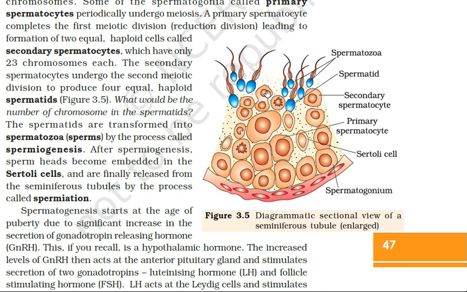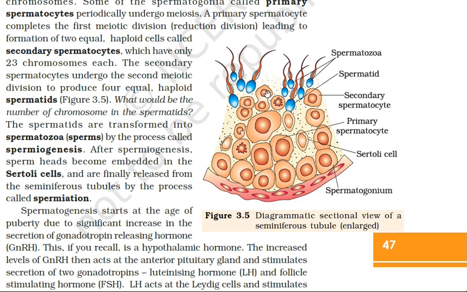The gonadotropin releasing hormone, designated as GnRH, is a hypothalamic hormone, meaning it is released from the hypothalamus.